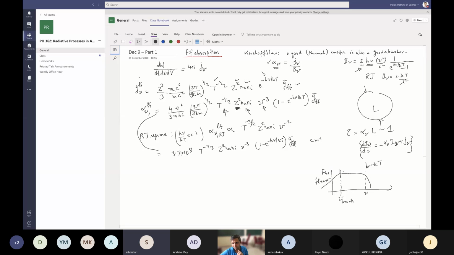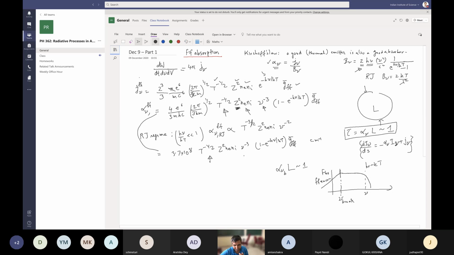So maybe derivation. You can derive alpha nu. This is what you would use. What you'll say is that at nu break, alpha nu break times the length of the column, basically the size of the plasma, should become 1. So you have this expression for alpha nu, and you say that this times length is equal to 1.